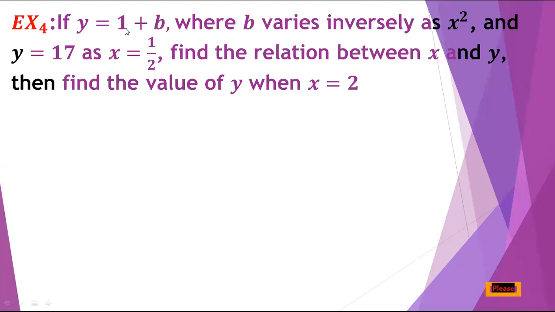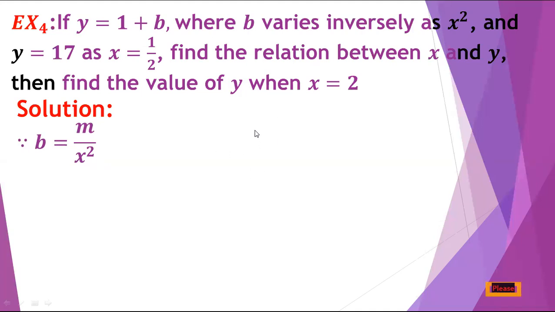If y equals 1 plus b, in this equation I will start from b varies inversely as x^2. How can I write this statement? B varies inversely with 1 over x^2.